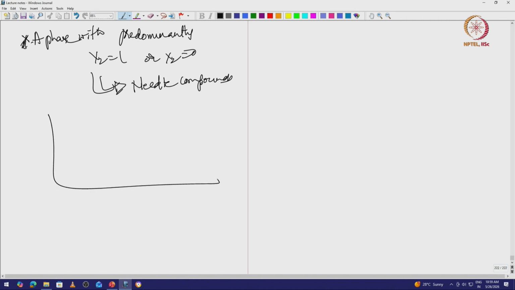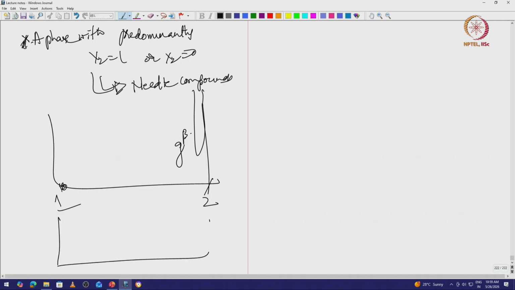Essentially my G can be G of beta is either here, so this is 1 and this is 2, or G of alpha is here. So, these are essentially almost pure 2, beta is almost pure 2.